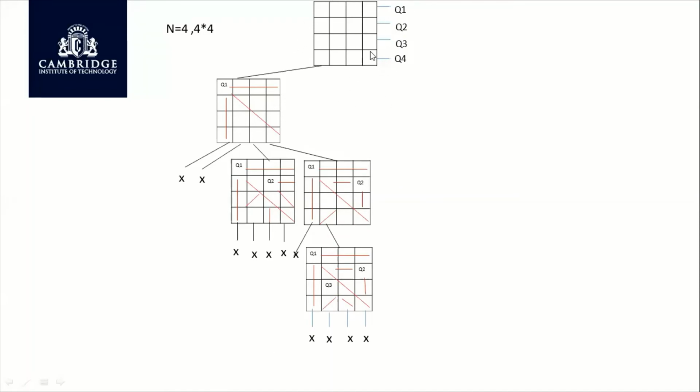Now this tree structure is called a state space tree. I'll be explaining the tree structure in the next slide, but just for your understanding, this is called a state space tree. The root node in the state space tree shows the initial state of the solution. If I consider this as node 0, this is node 1, node 2, node 3, node 4, and so on.